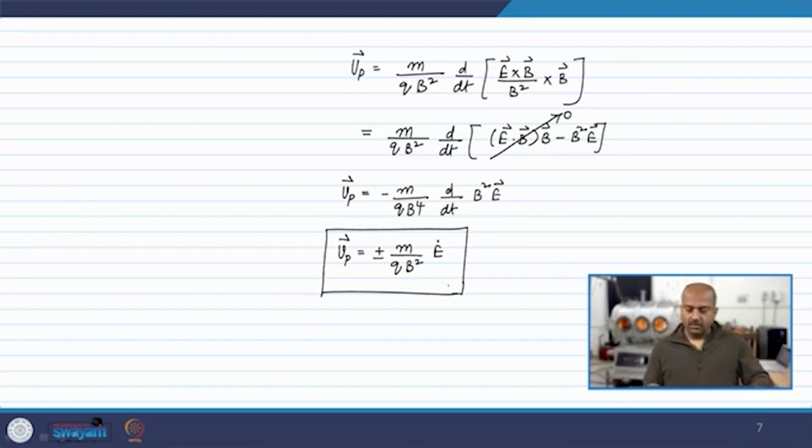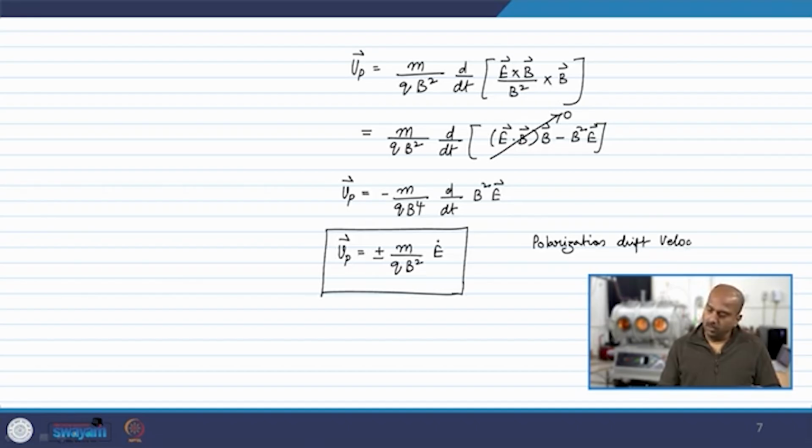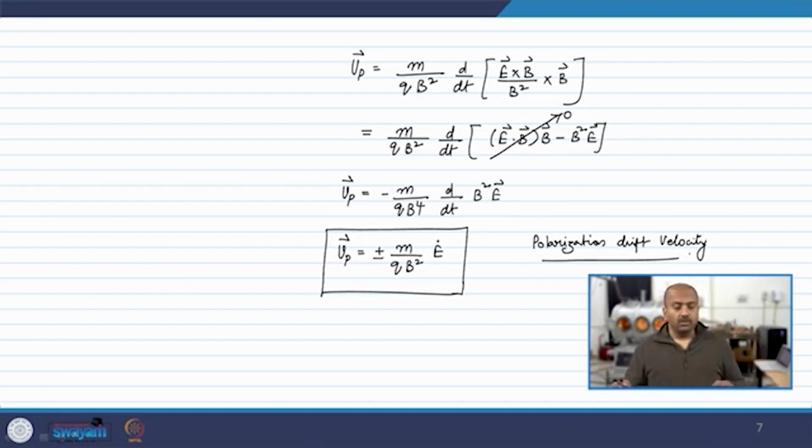Right. So, this is called the polarization drift velocity. So, the polarization drift velocity is a consequence of the time variation of the electric field. Right. So, this particular term arises only because of the time dependence of the electric field.